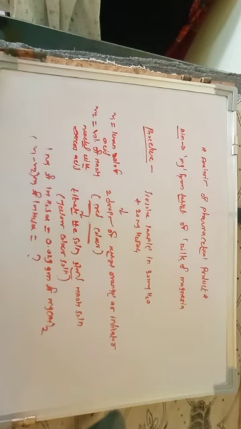So how much acid you add is your V1, and the excess acid that reacts with your NaOH is V2, and the difference, V1 minus V2, gives the amount of magnesium hydroxide present in your solution. From that we can easily find the amount of magnesium from the milk of magnesia. So it is very simple.